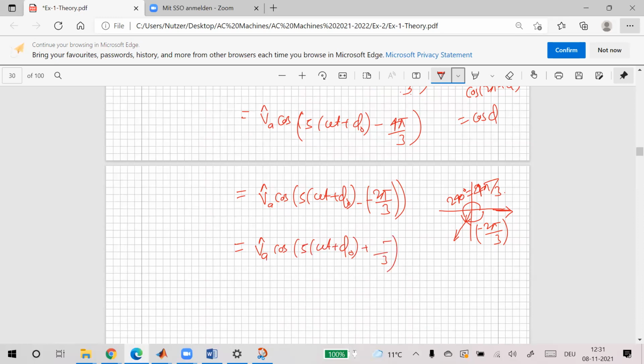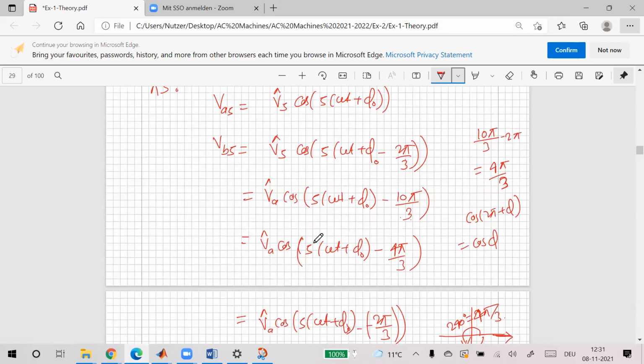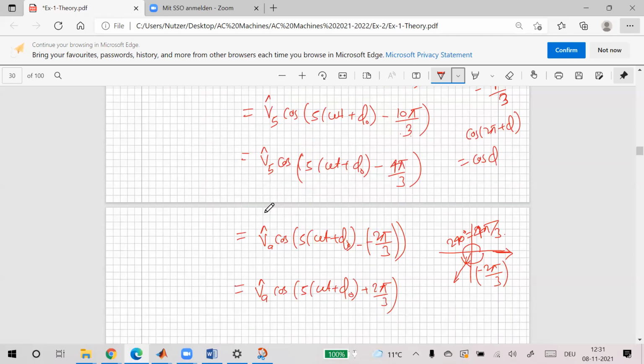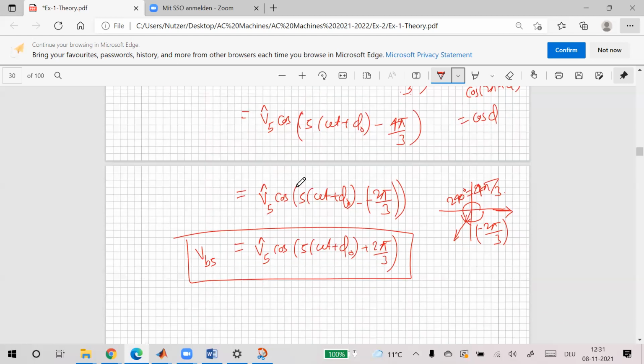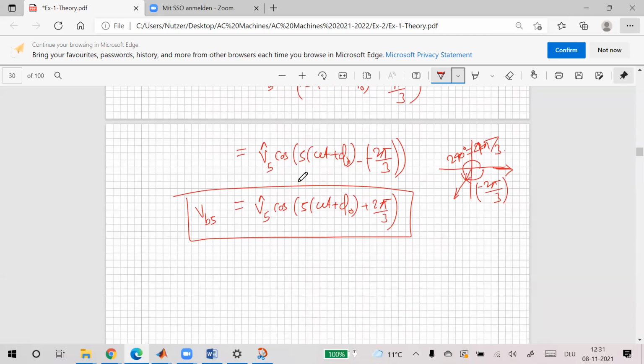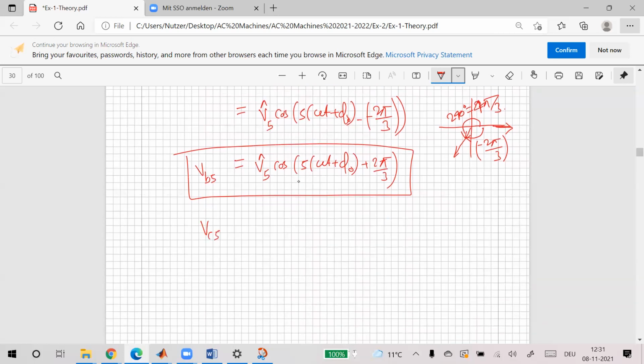Oh, sorry, it's 2. So now you see an interesting thing. Yeah, it's again V5. Do you see one interesting thing? Your B sequence is leading by 2 pi by 3 now. Your B voltage for fifth order harmonics is leading by 2 pi by 3. And you do the same math for the C phase. You can do it on your own. I'll just write the result.